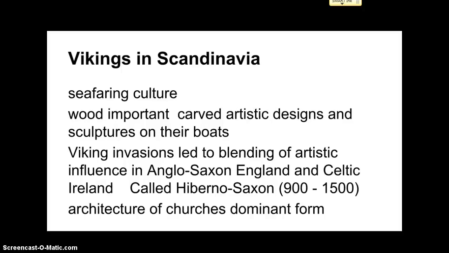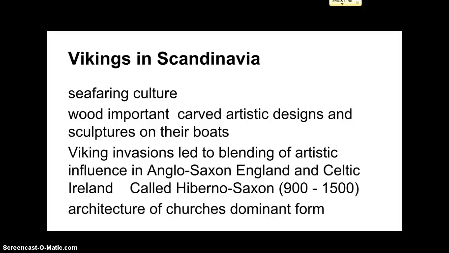What is important? Many of their boats had sculptures carved on them, very artistic. And the Viking invasions led to a blending of artistic influence in Anglo-Saxon England and in Celtic Ireland. And this was called Hiberno-Saxon, from 900 to 1500.